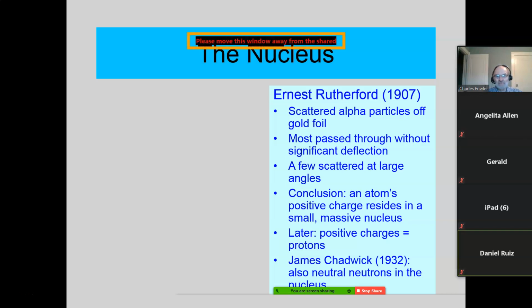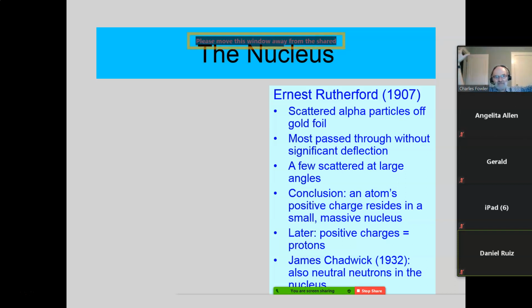The neutral and neutrons, they sound alike because that's what they are. They're neutral. The nucleus sounds like it too, but that doesn't have the E in it. That's just the core. So that then over about 35 years, something like that, they discovered the three main parts of any atom.